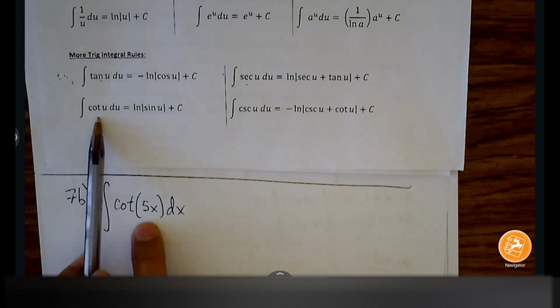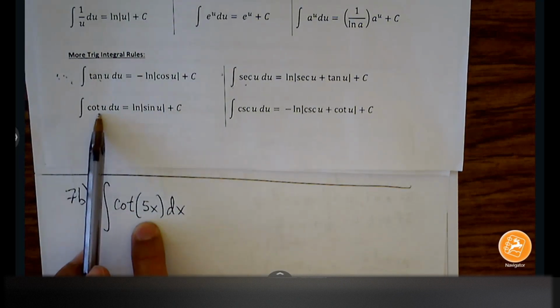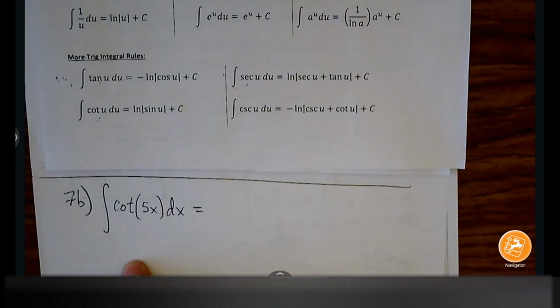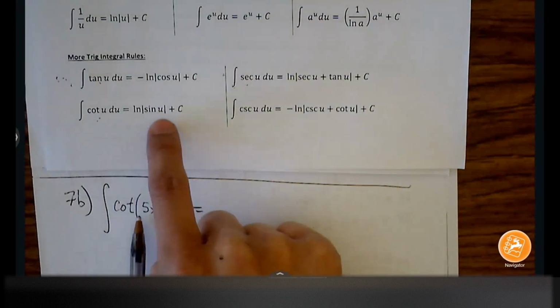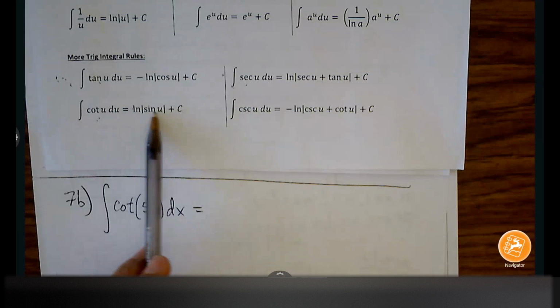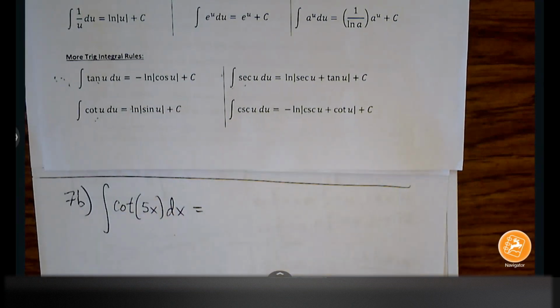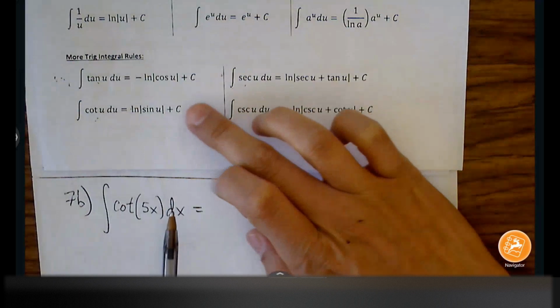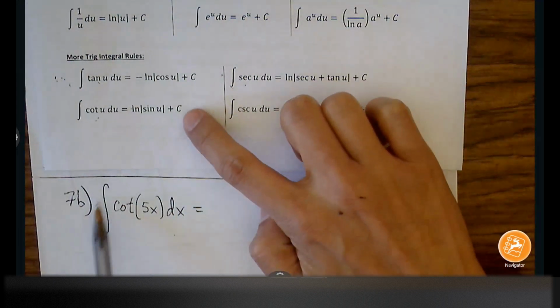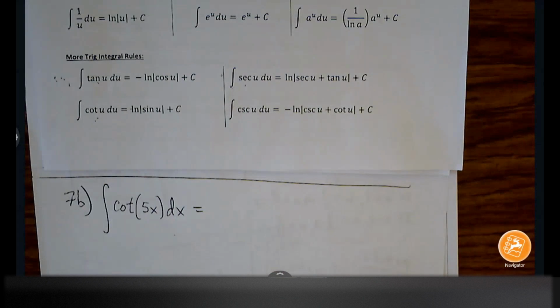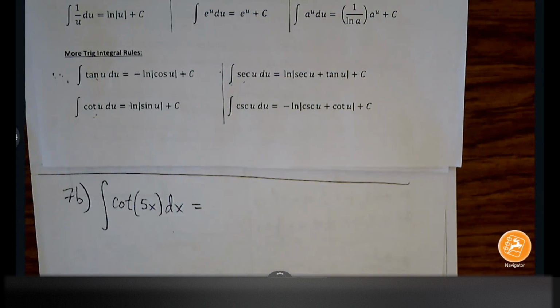Do you see how this cotangent matches nicely with this cotangent rule? It's going to be natural log of sine of 5x, and we've got to keep track of some coefficient, right? Maybe you want to take a guess what the coefficient is going to be without having to go through all that rewriting of U-substitution, which we could, but I just hope you see that pattern.